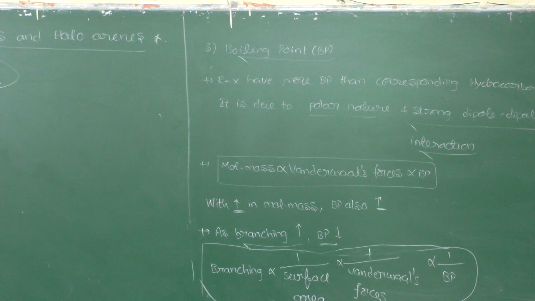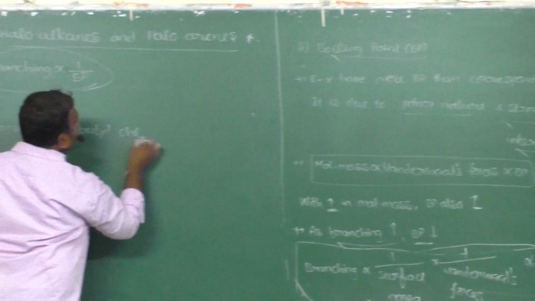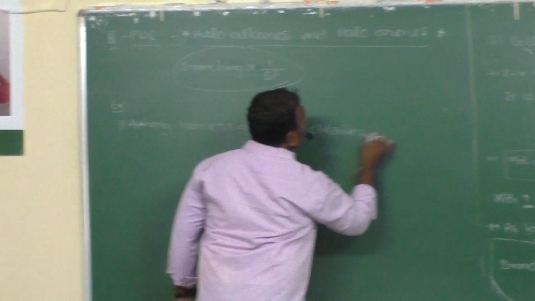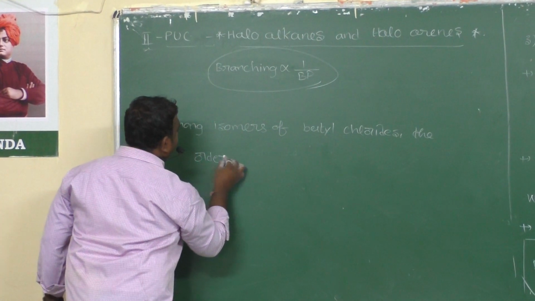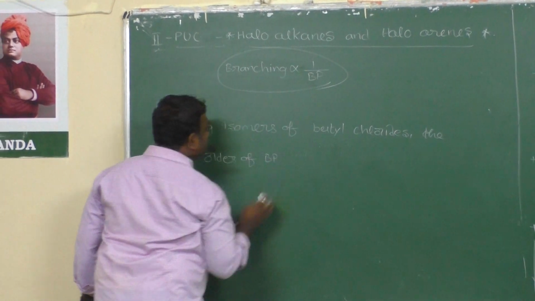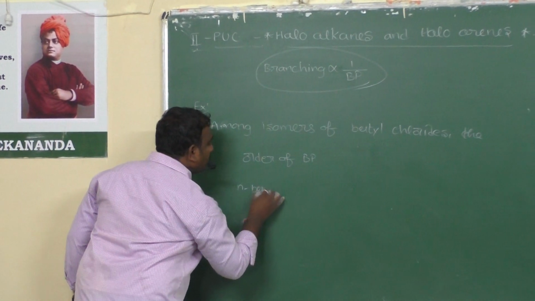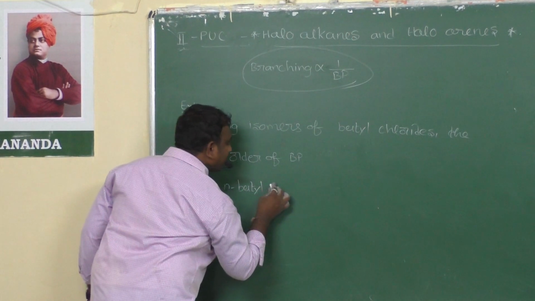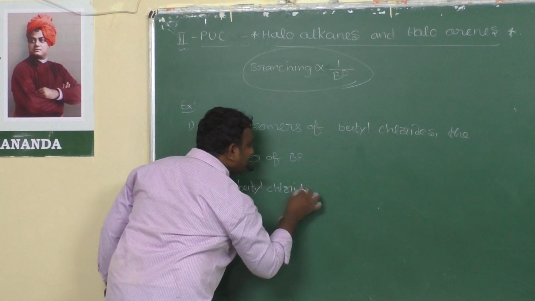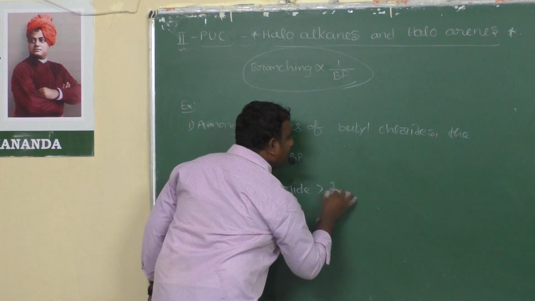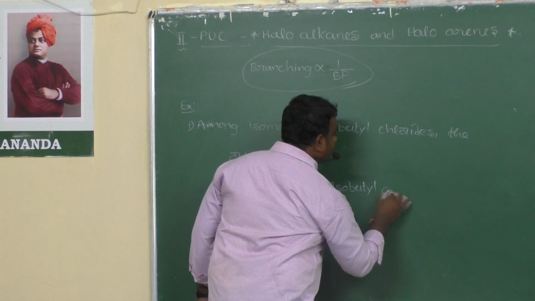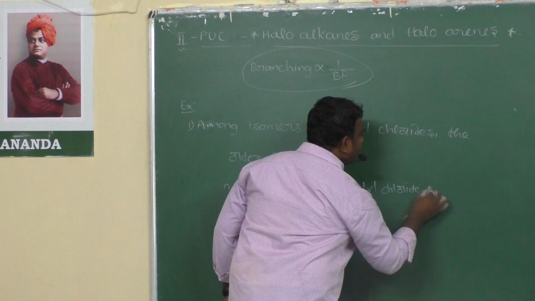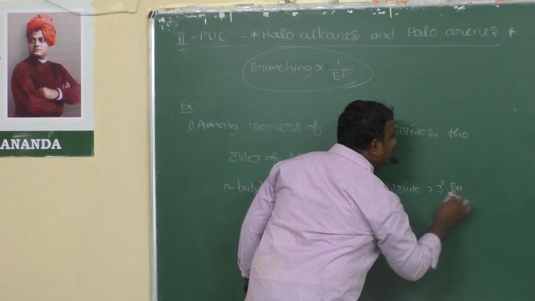among isomers of butyl chloride, the order of boiling point is n-butyl chloride greater than isobutyl chloride greater than tertiary butyl chloride.